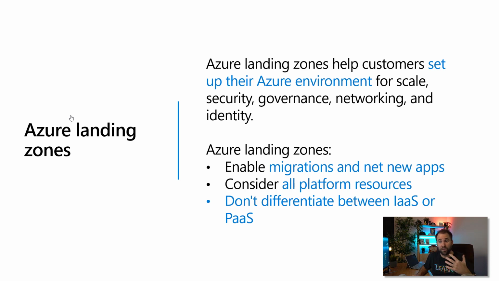They're also focusing on all the platform resources, and they do not differentiate between IaaS or PaaS, right? These landing zones are built to support all of that, and to make sure that even applications can work together, because for some applications you build solutions on top using PaaS services and IaaS services combined, so it's very important to understand that they need to work together.